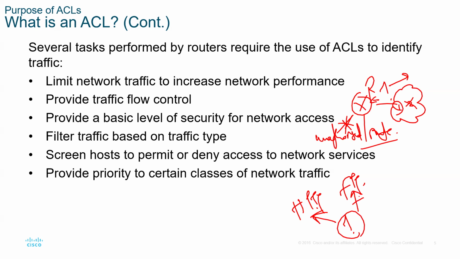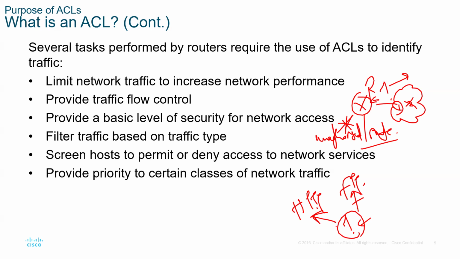So instead of limiting everything coming from this device, you could define an ACL which allows some traffic but restricts other traffic from that same device. An ACL can be used to do that. So it can filter traffic based on traffic type.